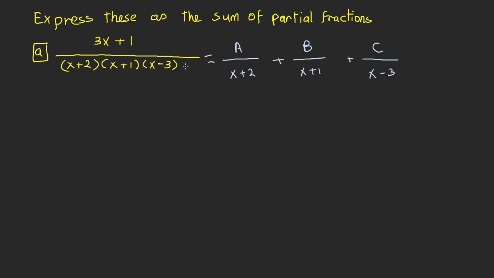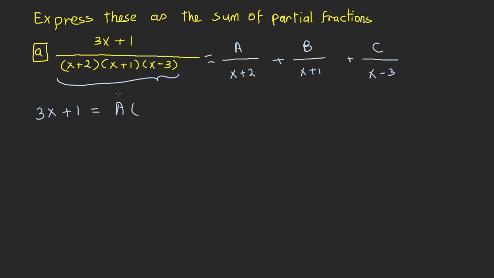Okay. To make it easier, we will multiply both sides of this equation by the whole denominator. So the result will be 3x plus 1 equals a.